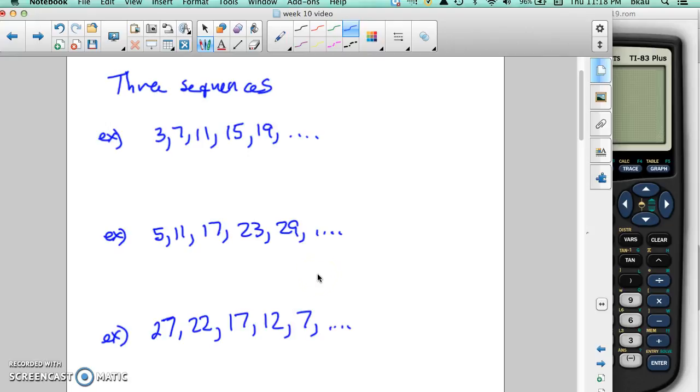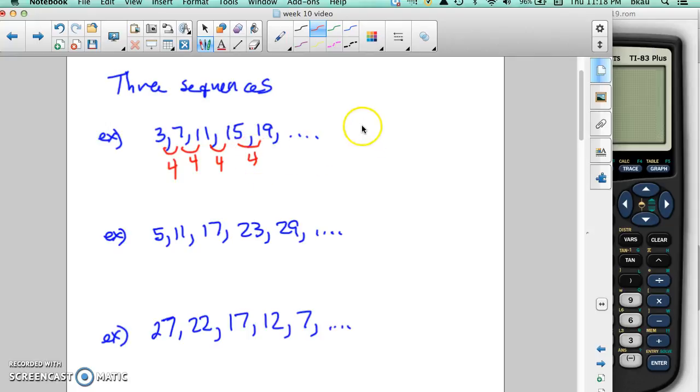All of these are called arithmetic sequences because they have a common difference. So in this one, the common difference is 4. Every time we go from term to term, we have a common difference of 4.